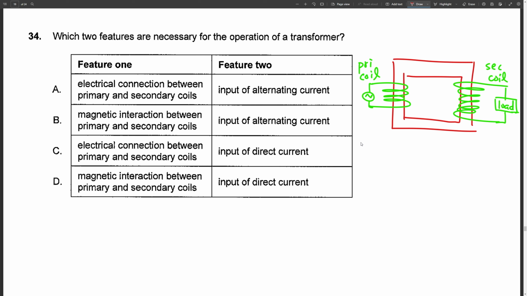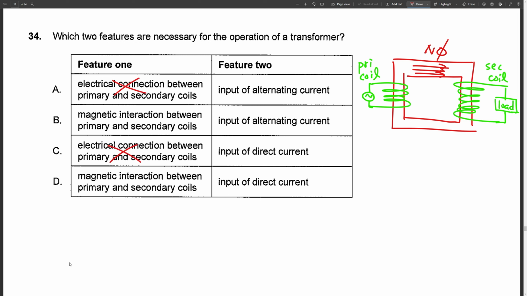In question 34, we are going to study briefly the operation of a transformer. In a transformer, there's a primary coil on the left and there's a secondary coil on the right. Those components in green are carrying electricity, which means between the primary and the secondary, there is no electrical connection. And what's going through them is the magnetic flux linkage. Therefore, there is no electrical connection between the primary and the secondary coil.